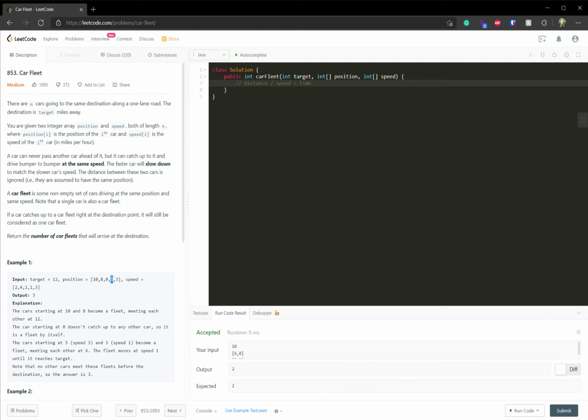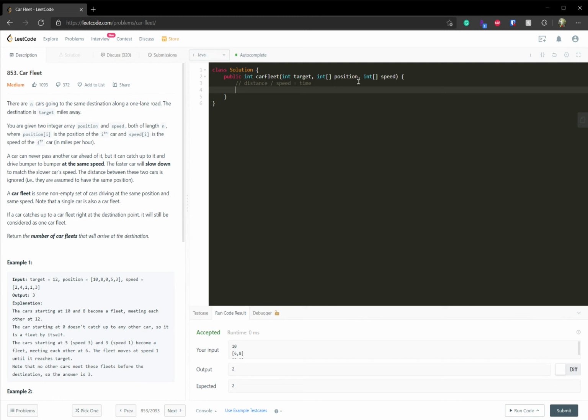So 3 will eventually catch up to 5, because the time it takes for car 3 to arrive is only 3, but for car 5 to arrive is 7. So 3 and 5 will become a car fleet. And car 0 is going at a speed of 1, so it takes car 0 12 units of time to arrive, which makes it a group of its own.